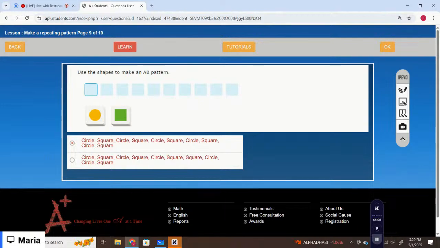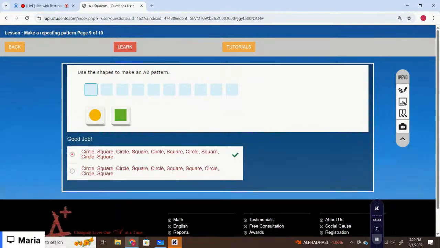We keep repeating them in the same pattern, that is circle, square. Option number one is the correct option.